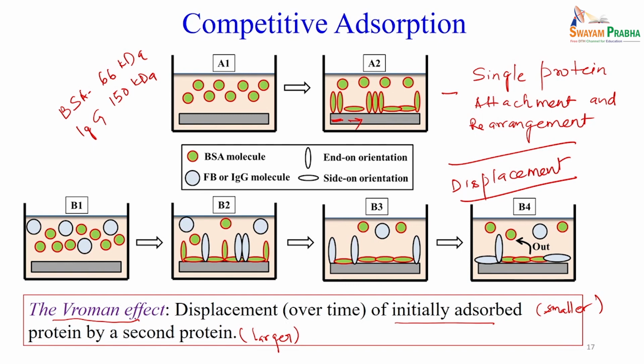Now, if you just see here, the proteins are there in the end-on orientation like this or the side-on orientation like this. The protein-surface interaction in the end-on orientation will be lesser as compared to the side-on orientation. So, once the larger protein molecules come, it will be easy for them to replace the end-on oriented protein.